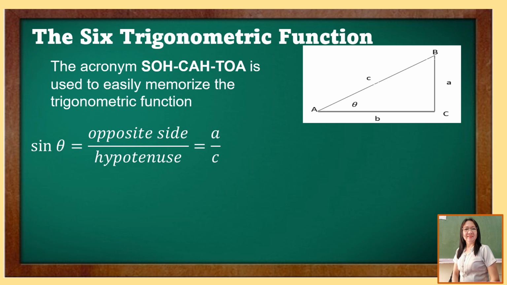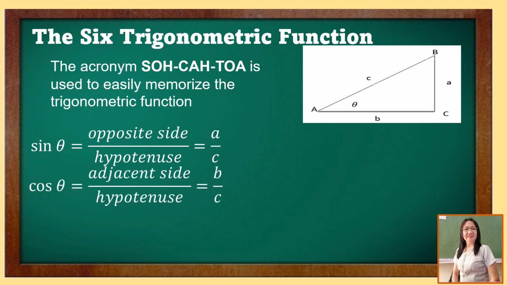S stands for sine, O stands for the opposite side, and H for the hypotenuse. In the figure, the opposite of our theta is represented as A units, wherein the hypotenuse is C units. So the value is A over C.